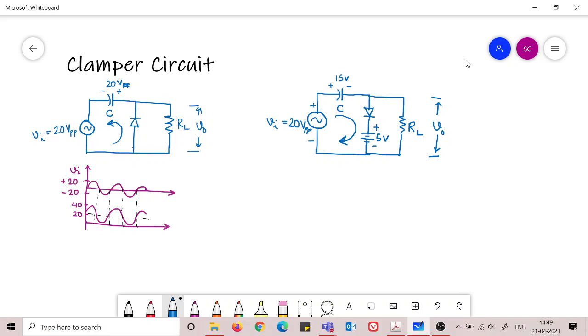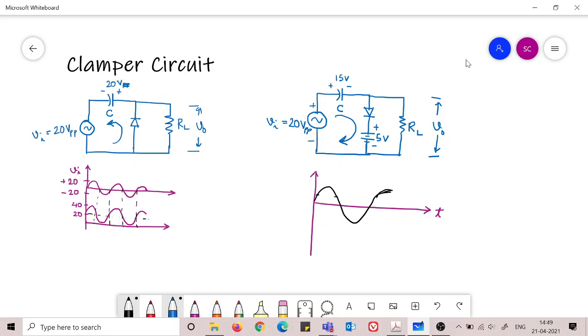Now in the negative half cycle, what happens when we are again below 5 volt? This voltage will keep alternating. So this phenomenon happens after 5 volt.